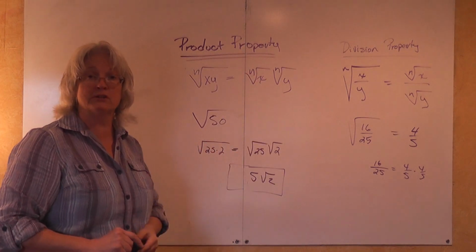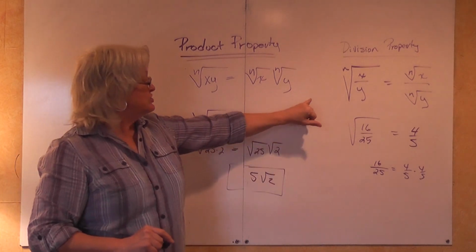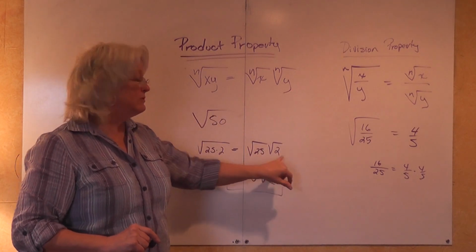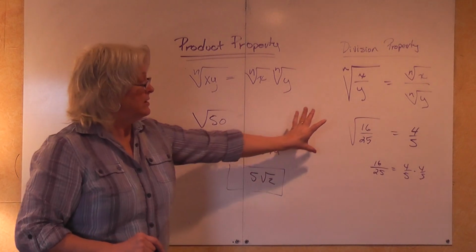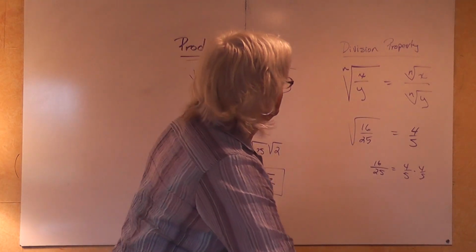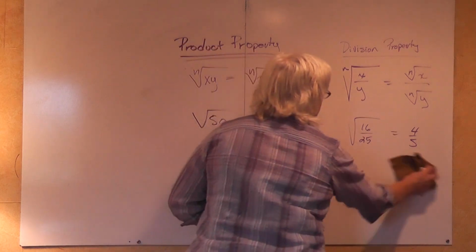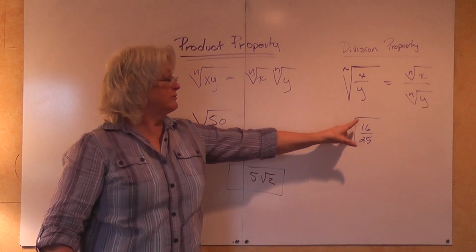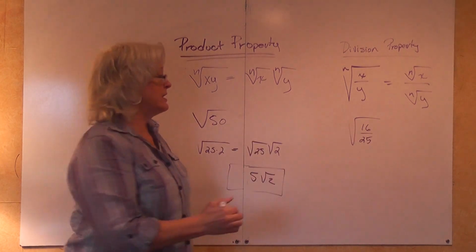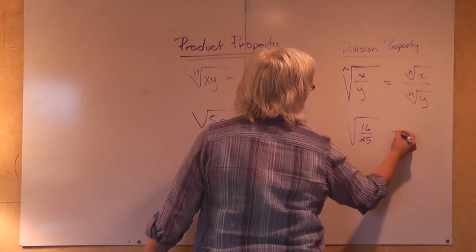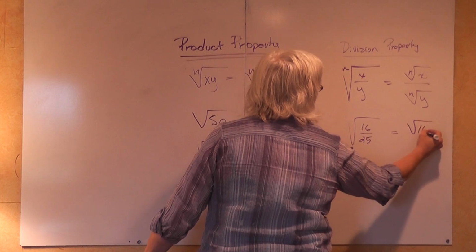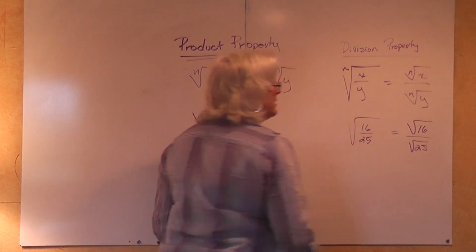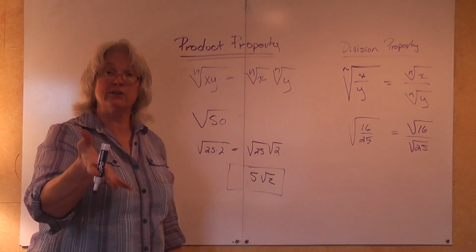Well, just similarly to how you could take the root of individual factors, we can do the same thing with the division property when we have the square root of a fraction. We can split that up so that we have the square root of the numerator divided by the square root of the denominator. And now all of a sudden that jumps out to you.